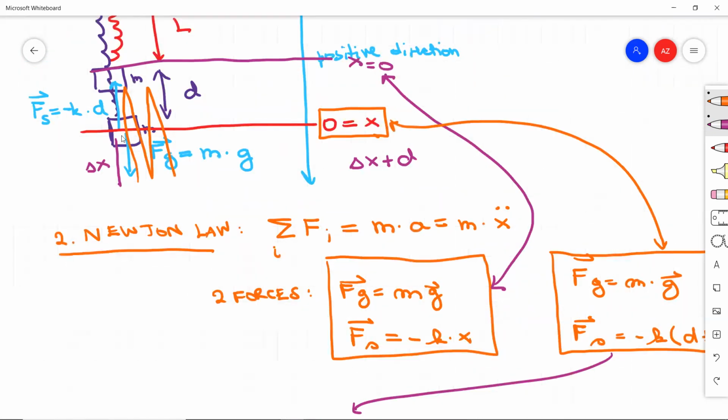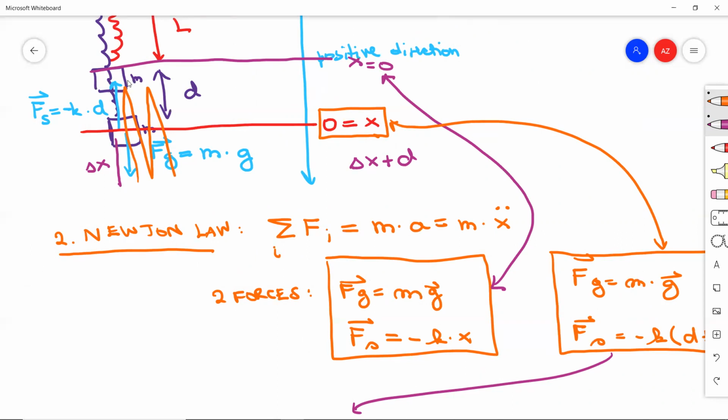So if we move this mass for delta x at the beginning, then it will just start to vibrate for delta x below the origin, and then for delta x above the origin, and then again delta x below the origin, and so on. So this is what we expect because there are no dampers.